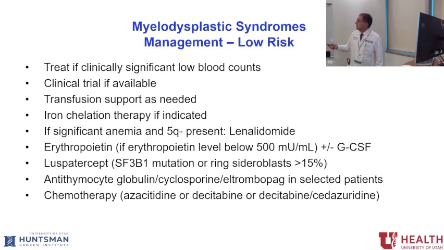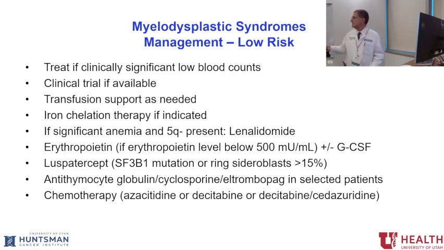And then even in low-risk MDS, in some selected patients in whom they have significantly low blood counts and everything else is not working, we could try to treat with a gentle type of chemotherapy. And here we have two main drugs that can be used.